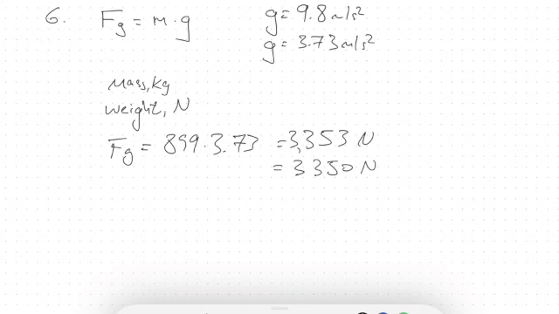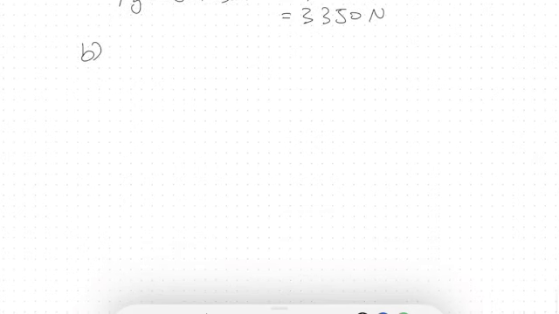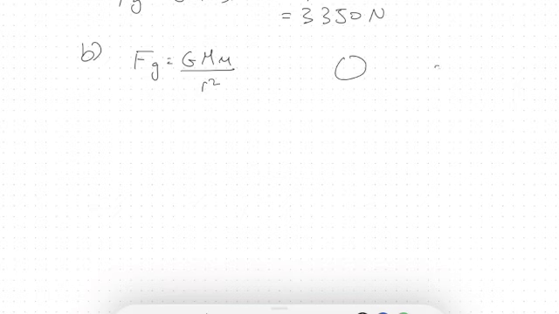B. What is the mass of Mars? So we have this big equation, the universal gravity equation, G m little m over r squared. This is about the force of gravity between 2 masses separated by a distance r.